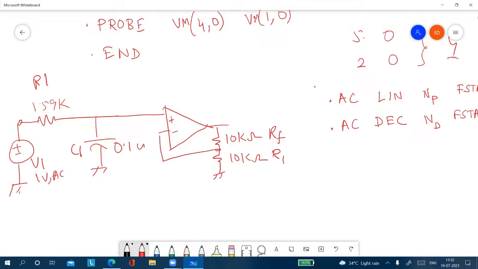This is R1, R2. So what will it be? Same as before, here is node 1, this is 2, and this is 3. There are 3 nodes, including 0.